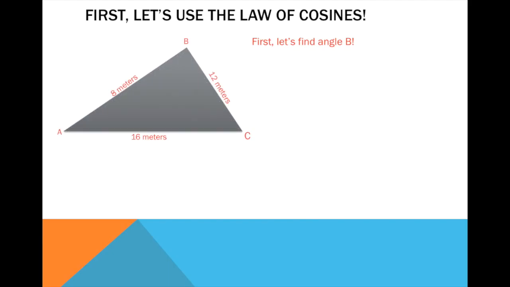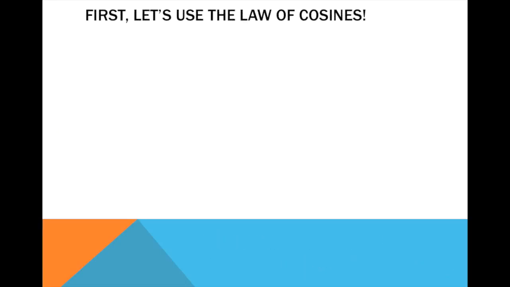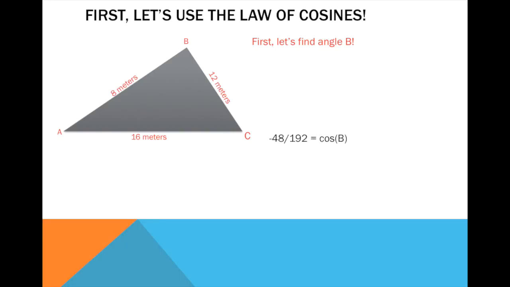So now, to further simplify it, we subtract the 208 from the 256, which now we need to divide and take the inverse cosine. So that's the simple part. We divide the 48 by the negative 192 to get the cosine of B isolated.